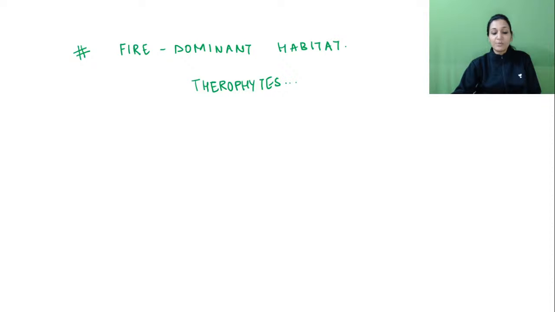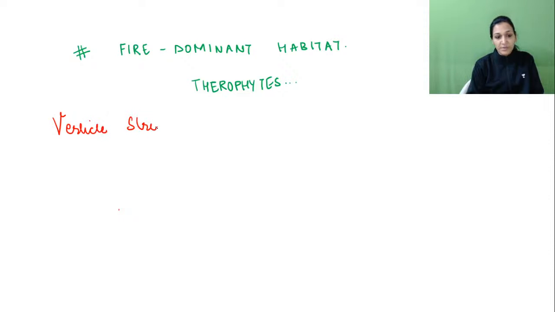Now we'll be seeing the vertical structure. There are many things which need to be seen in this topic, so we'll be doing it in two parts. First part we are doing here, and soon I'll be making a second part because there are many things included.